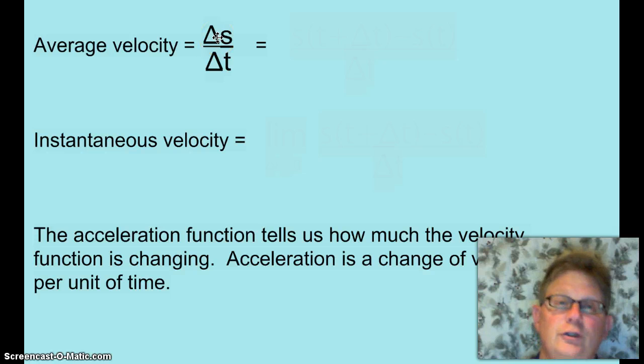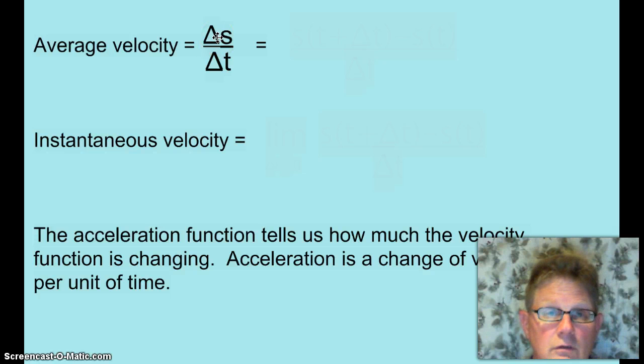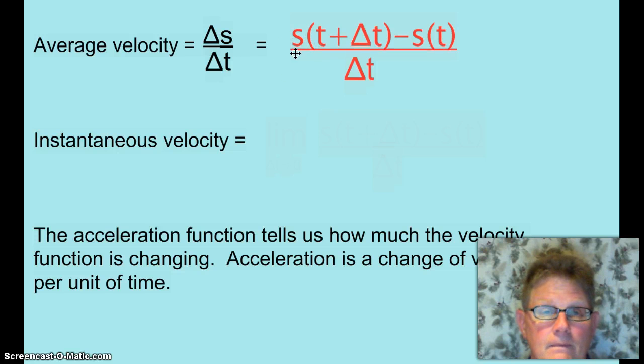Well, let's say I drove 200 miles and it took me 4 hours. Okay? So my starting point was 0. My ending point was 200. So it is the position function at the end minus the original position function, over the change in time.